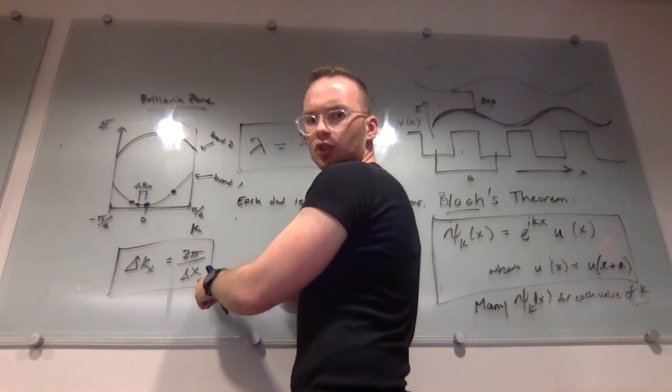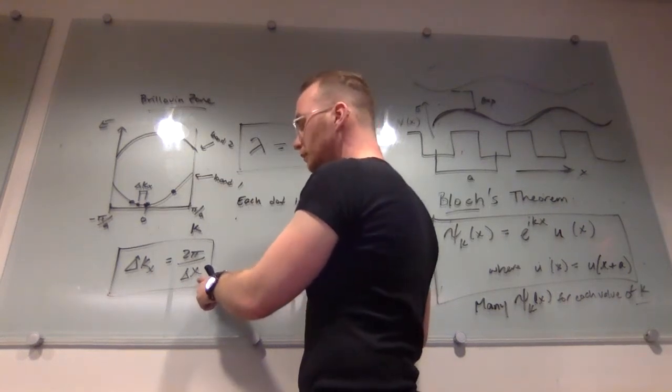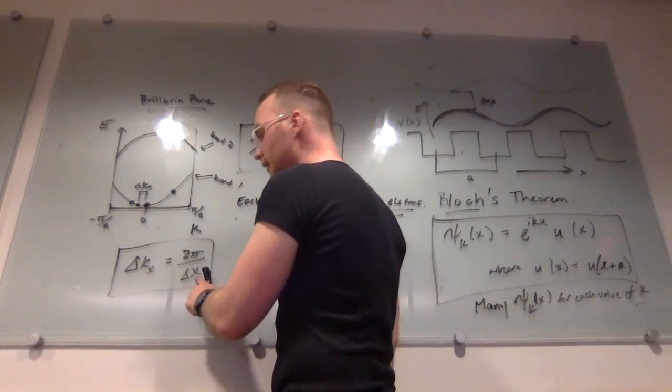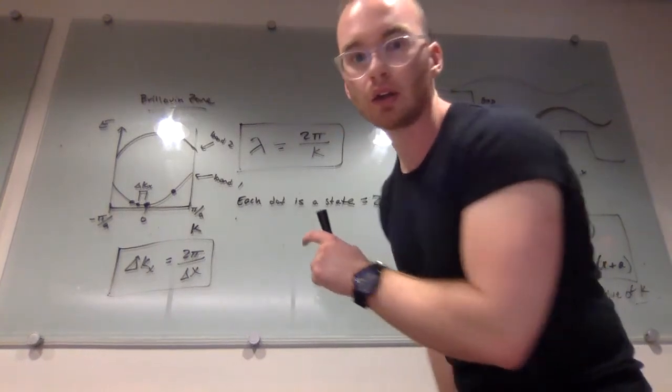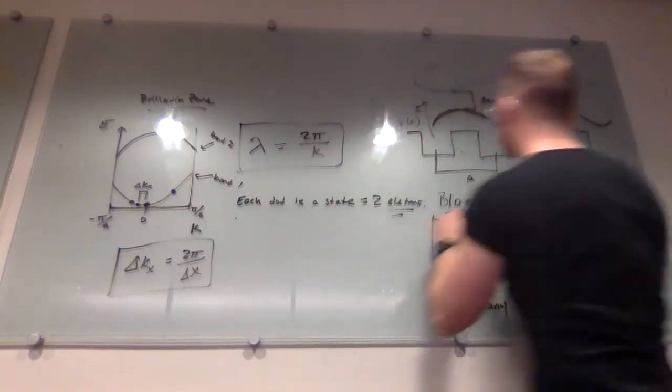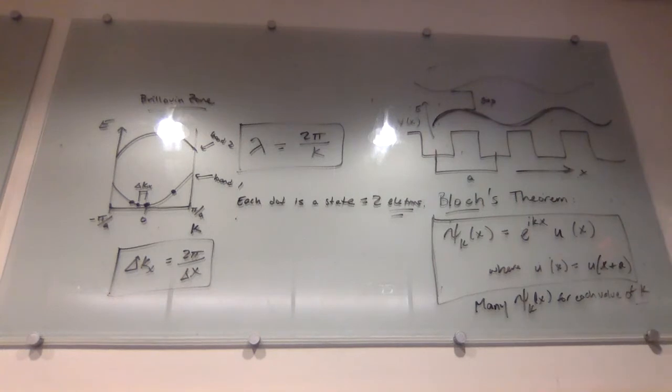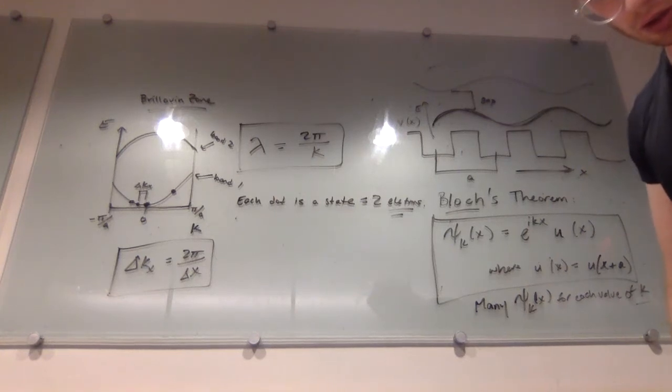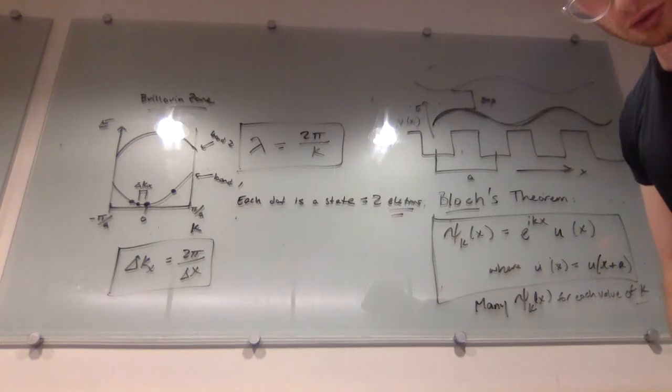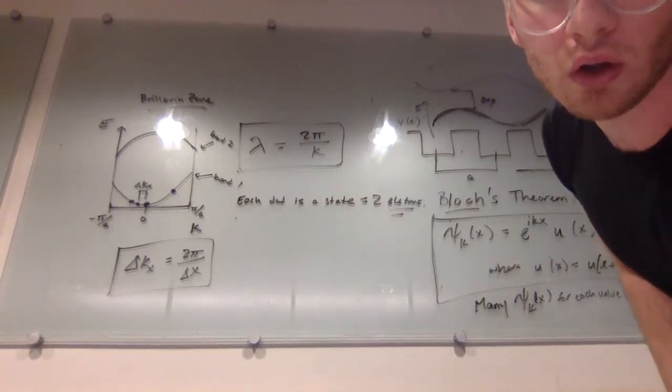By the uncertainty principle, delta x here is going to be the total range of space. Actually, hold on. Let me think about that for a second.